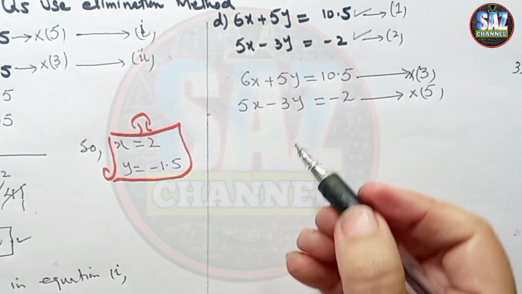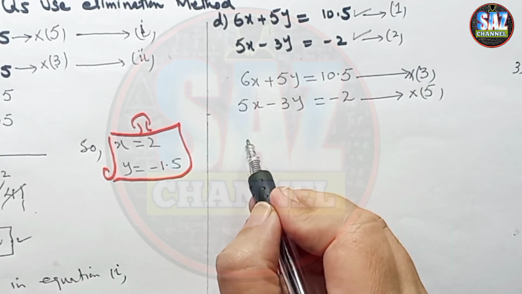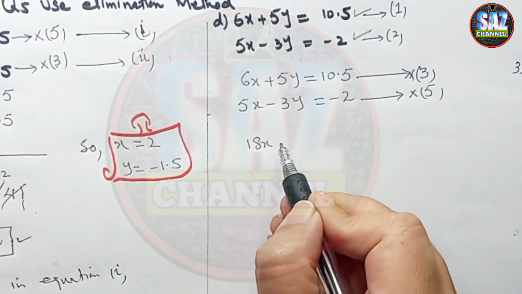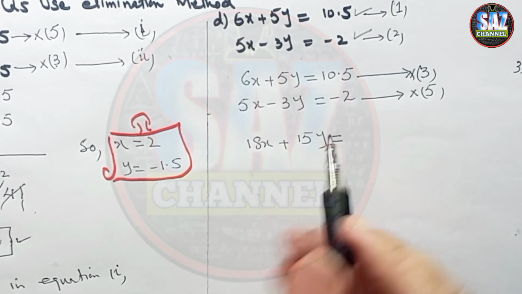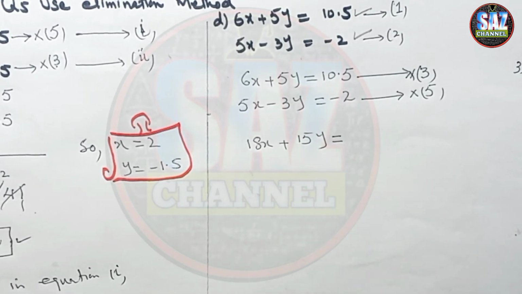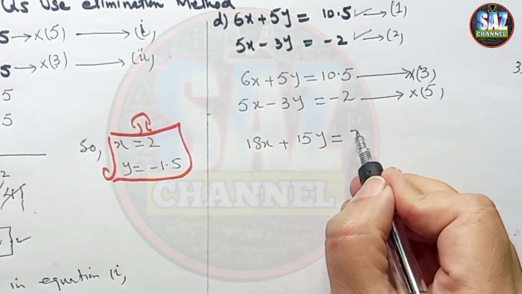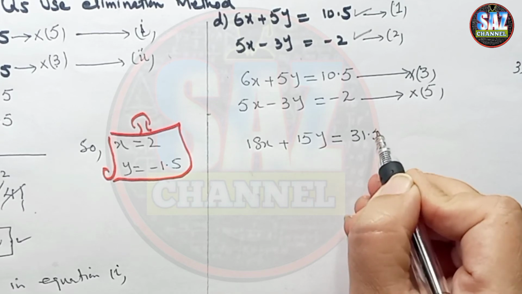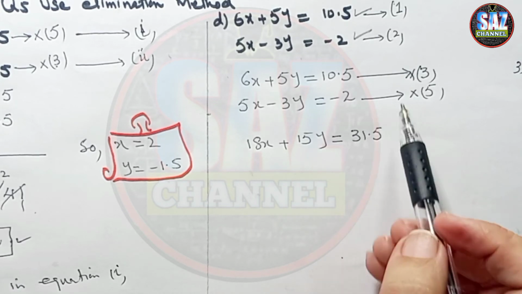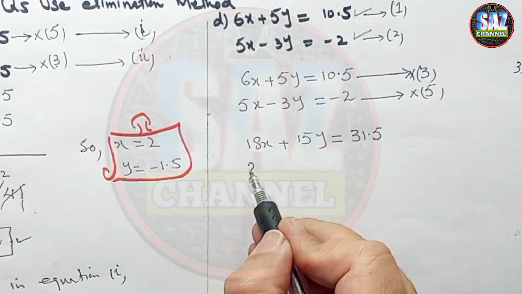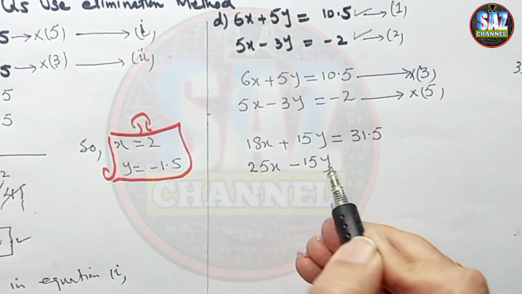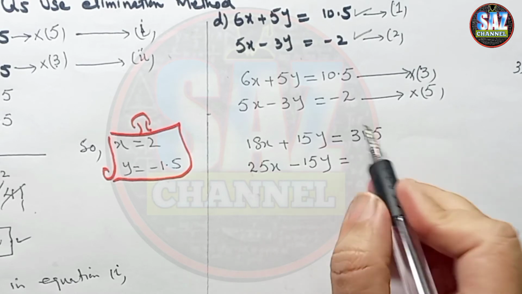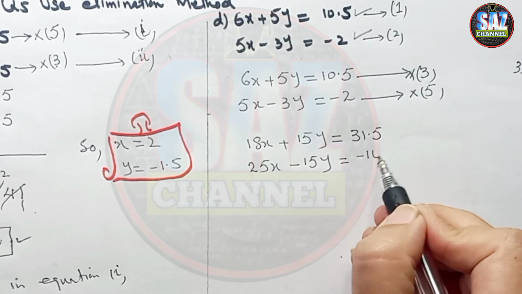Now the equations will take the form: 6 times 3 is 18x plus 5 times 3 is 15y equals 10.5 multiplied by 3, which will give me 31.5. Coming to the second equation, 5 times 5 is 25x minus 15y equals 5 times 2 is 10 with a minus sign.